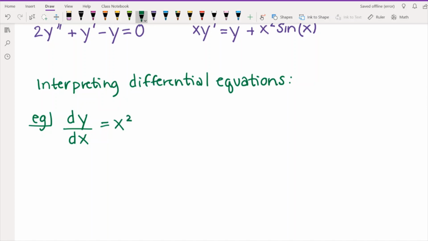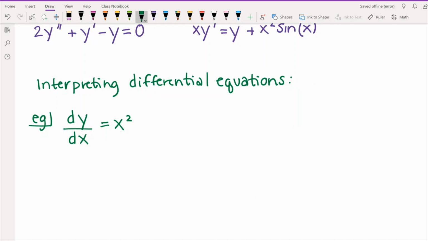Let's try to translate this into a sentence. What is this equation saying? Well, what does dy dx mean? That means the derivative of y with respect to x.